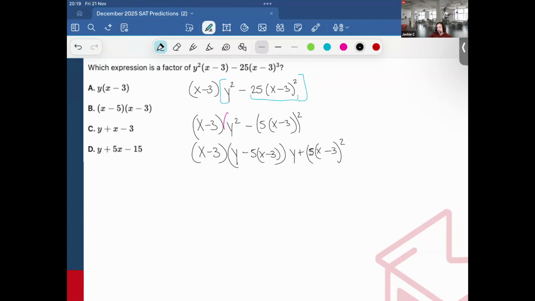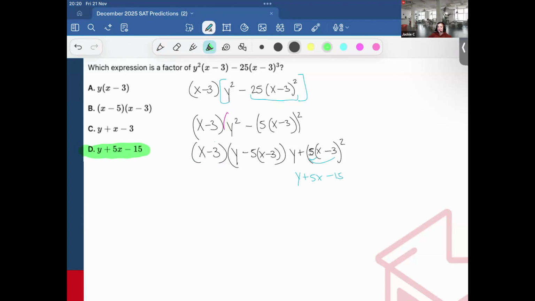So I've factored it fully, so I can see that factors that would work would be x minus 3, y minus 5x minus 3, and y plus 5x minus 3 would also be viable factors. And also if I distribute this here, this would look like y plus 5x minus 15, which is the answer choice, correct choice D.